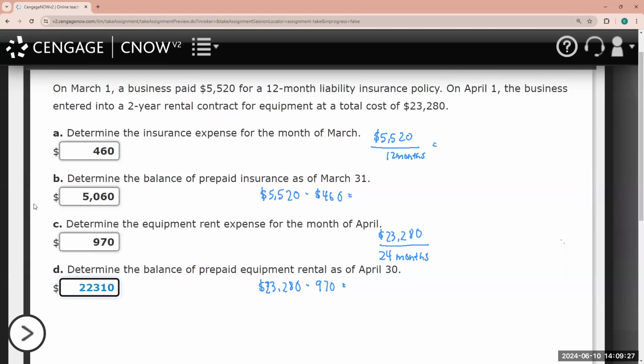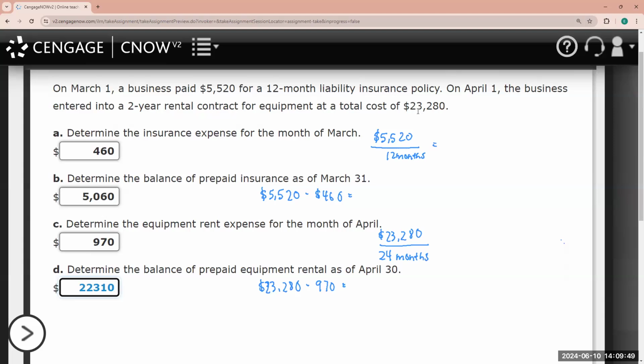All right. So again, the key thing as you're going through this problem is: what is the total amount that was paid? What is the duration of the payment? In the first example, it was 12 months, so we divided the $5,520 by 12 months. In the second example, we paid $23,280 for 2 years.